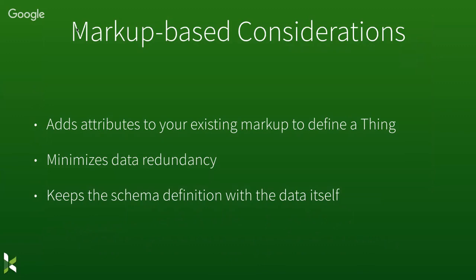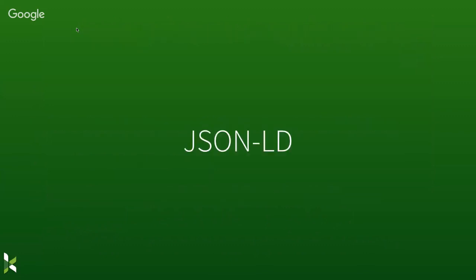You add these attributes to your existing markup to define the thing. That's really cool because it minimizes your data redundancy, right? You're not adding a whole bunch of extraneous markup to your page to support this. And it keeps the definition of the schema, the thing that you're defining, with the thing itself. So in terms of keeping track of what definitions go with what, it's all encapsulated.